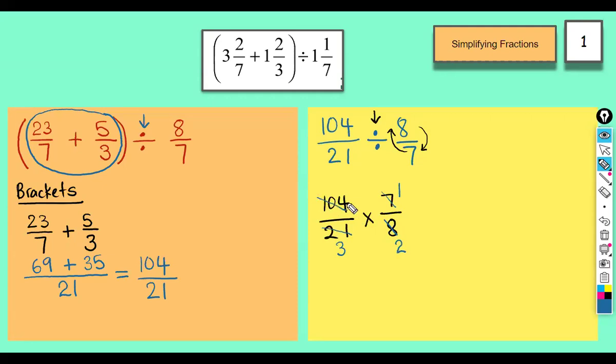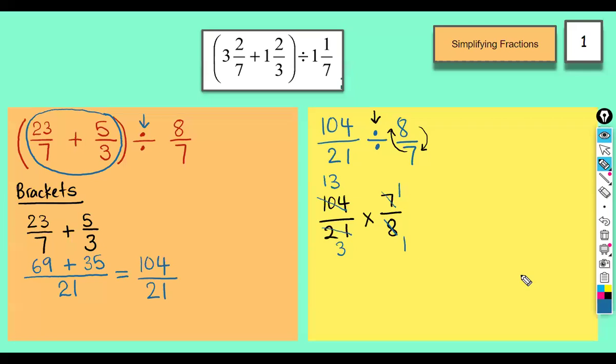And 104 divided by 4 is 26. But that could be reduced even more. In fact, I think 104 could be divided by 8 straight. So let me do that. 8 into 8 is 1. And 8 into 104 is 13.